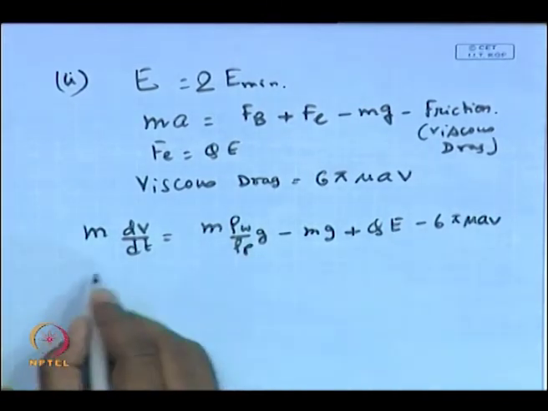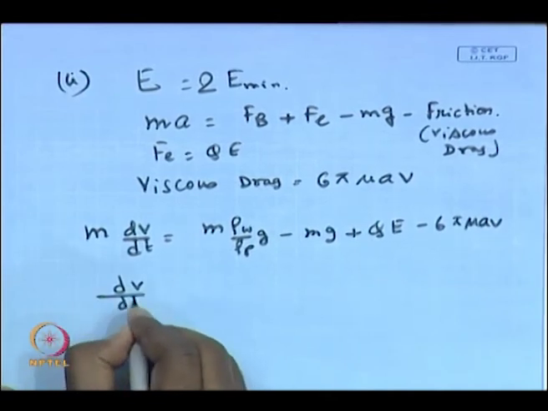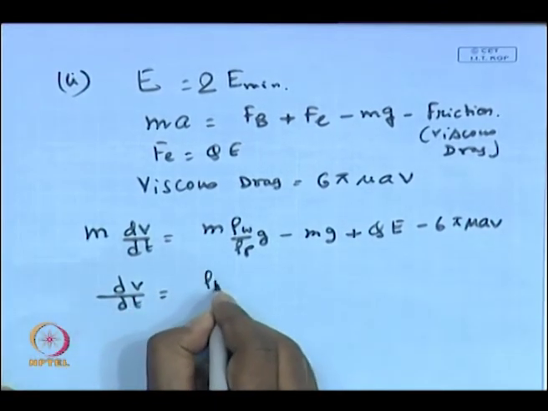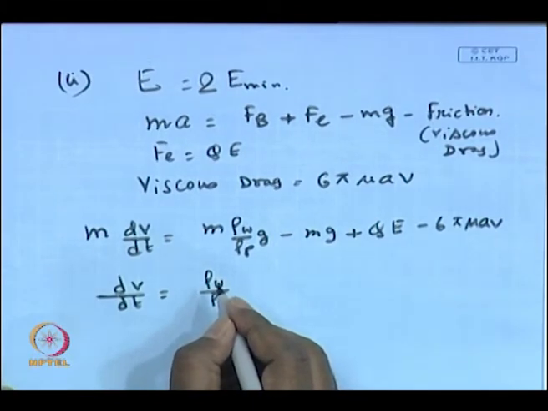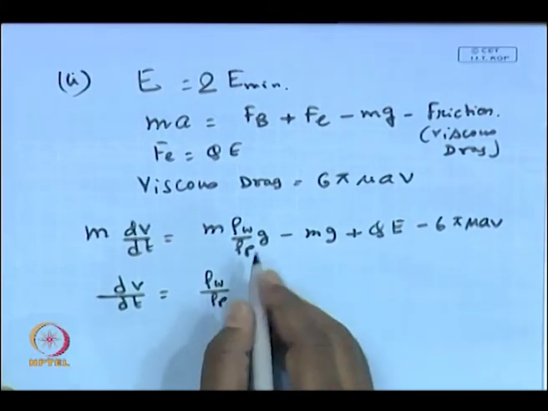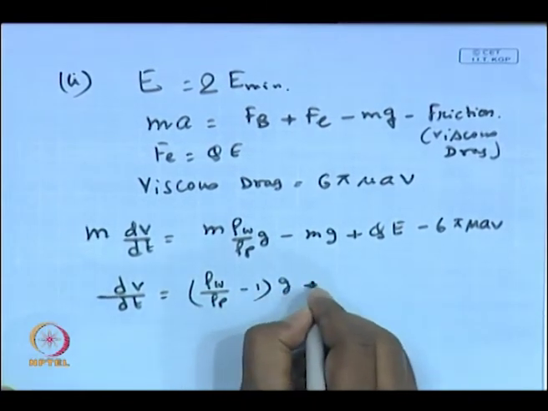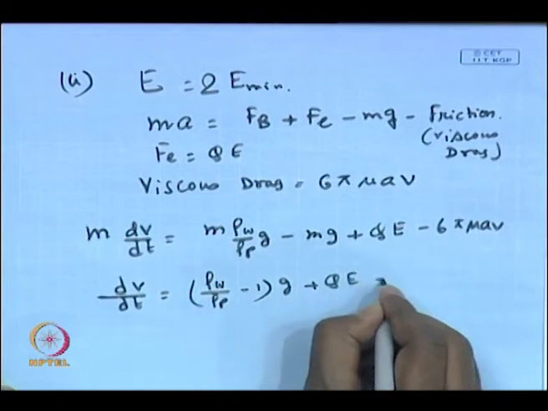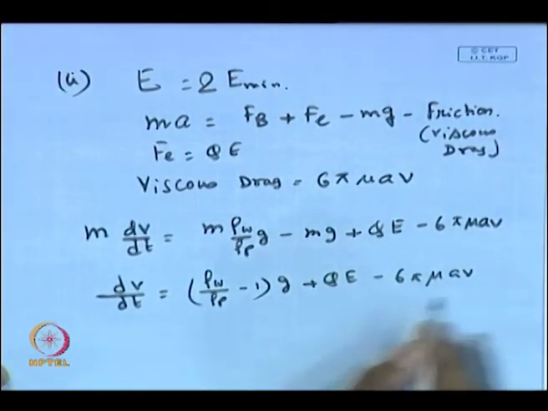So, you just simplify this equation and you will get dV by dt is equal to rho w by rho p minus 1 times g plus Q times E minus 6 pi mu A V, and this can be integrated.